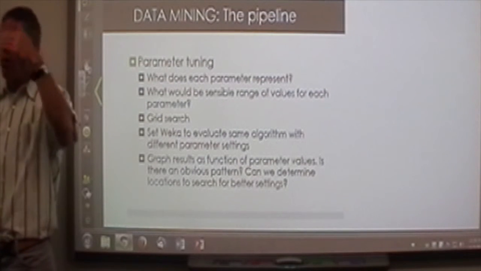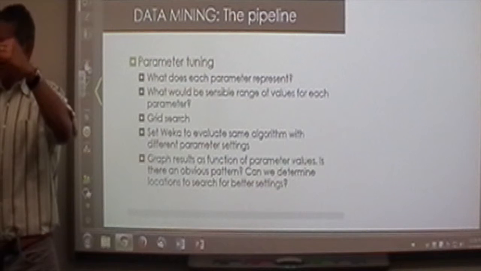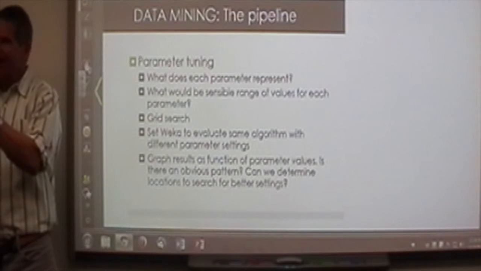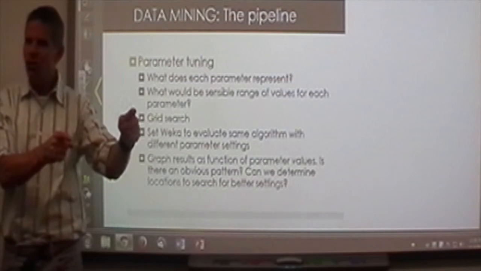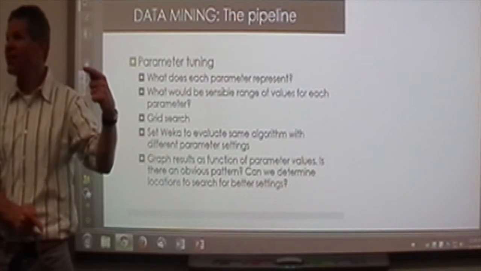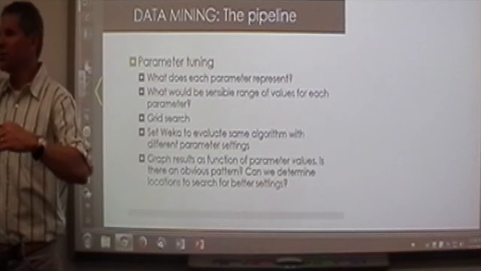But if you have a whole bunch of parameters, you're going to be limited. You can't necessarily do 11 choices for each of 10 parameters, because now you're looking at 11 to the 10th power.